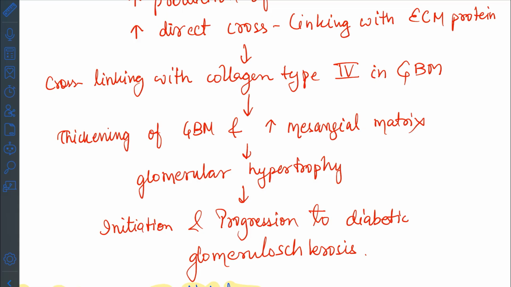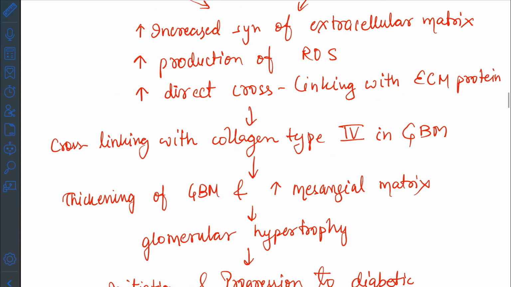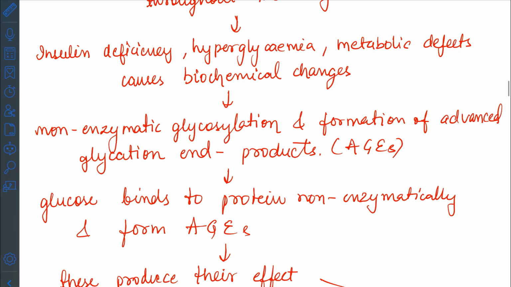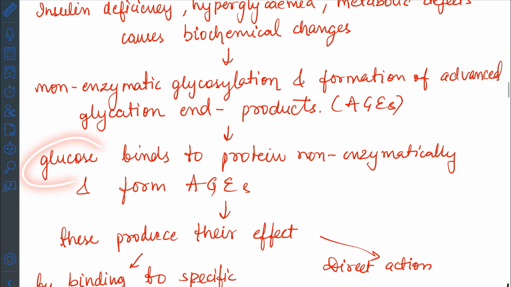So this was the pathogenesis. If we talk in simple terms, all these features of diabetes like insulin deficiency, hyperglycemia, and metabolic defect cause biochemical changes. These biochemical changes cause glucose to bind to protein non-enzymatically and form advanced glycation end products, which are not seen normally.